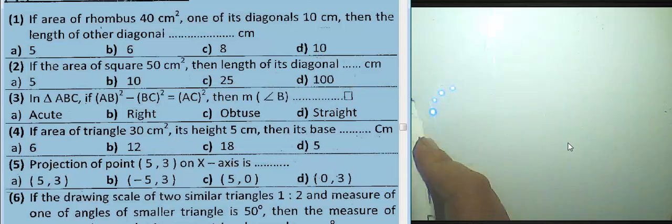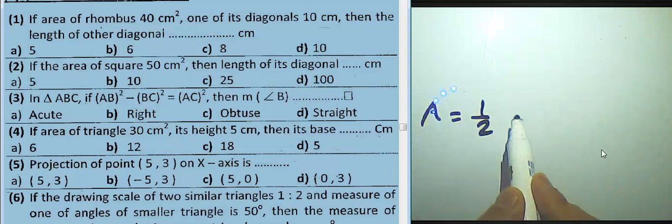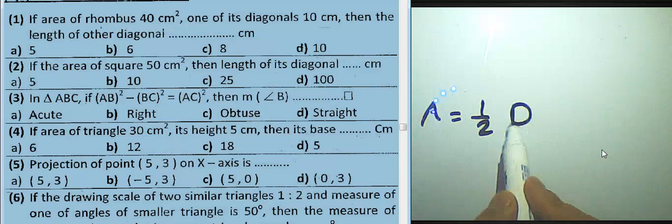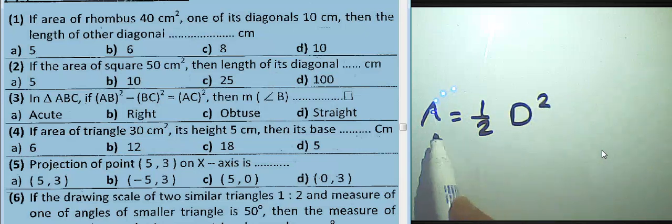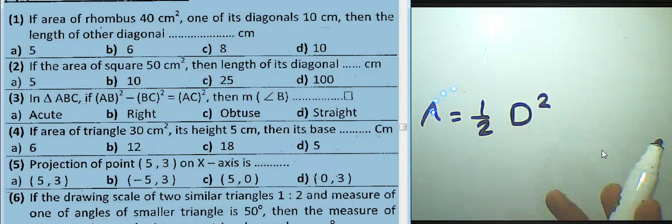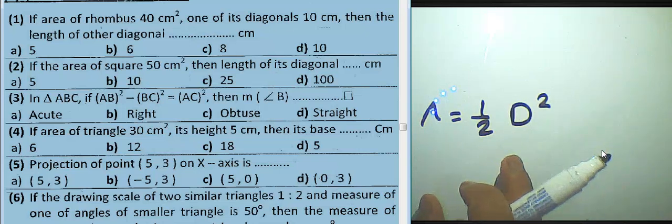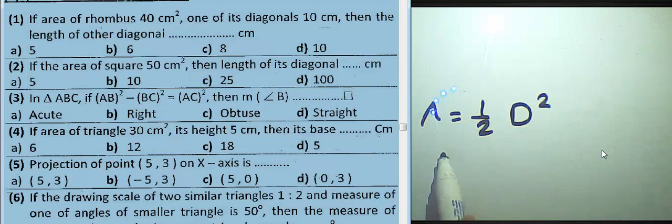Area of a square equals half multiplication by diagonal power 2. It's the area of a square by using the diagonal, but if you have the side in any square, you can find the area as side squared, or side by side. But in this example he asked about the length of the diagonal.